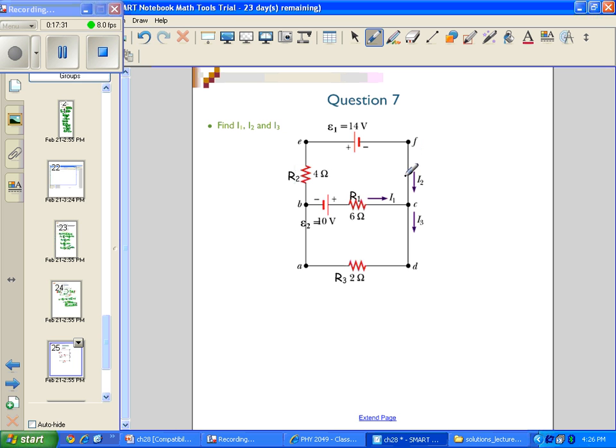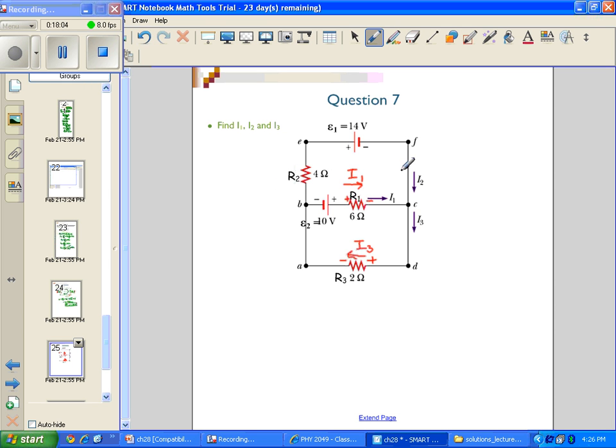Okay, well, when we look over here, if I1 is indicated in this direction, it must be that I1 flows through R1 in this fashion here, making this the positive side and this the negative side. I3 flows downward, therefore when it gets to the resistor R3, it will flow in this direction, making this the positive end and this the negative end.